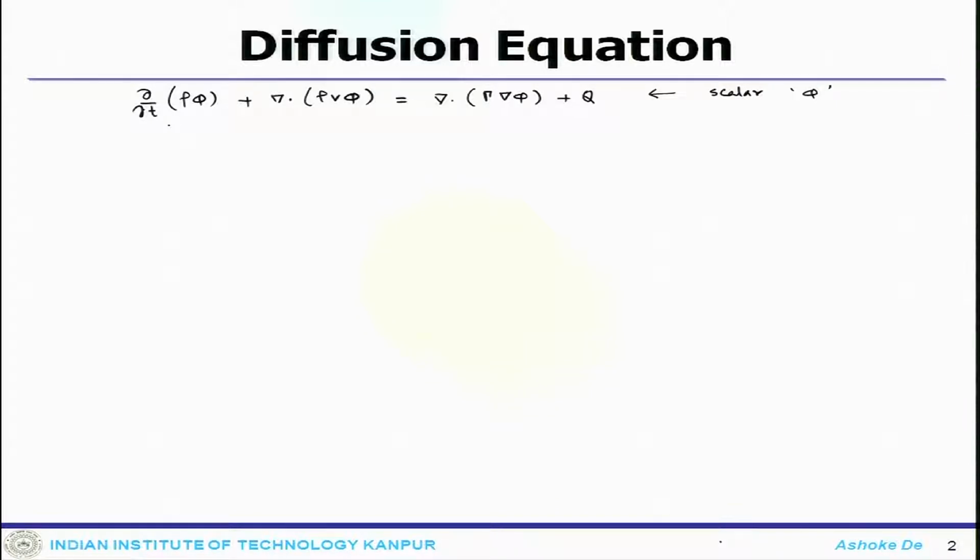So, what we have done so far, we have talked about the basic details about this equation system. What we have covered is the basics of the governing equations and the classification of the partial differential equation.